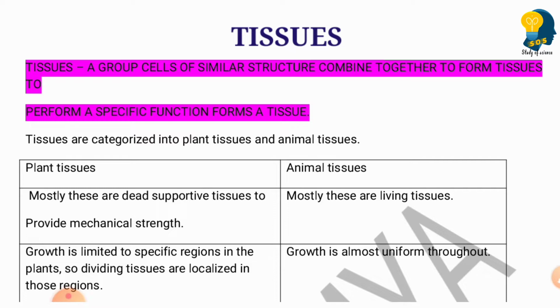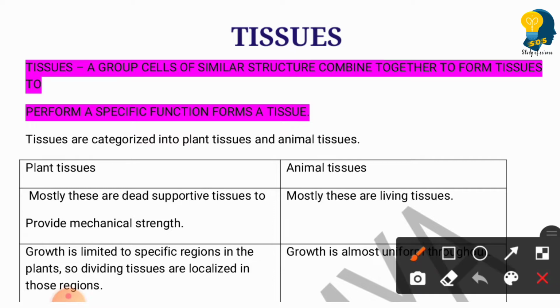Correct. So how can we define a tissue? Tissues are a group of cells which have a similar structure. When I say similar structure, the structure is not completely the same, not completely identical. The group of cells which have similar structure combine together and form tissues.